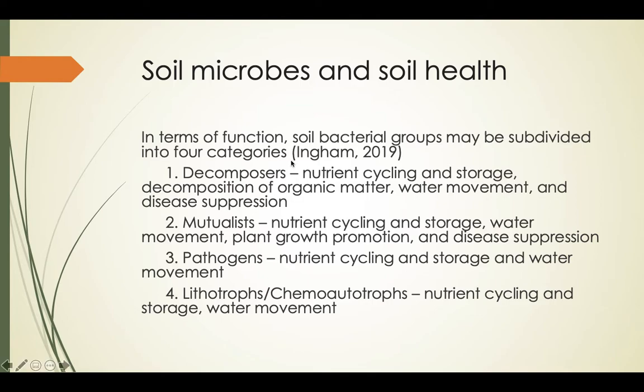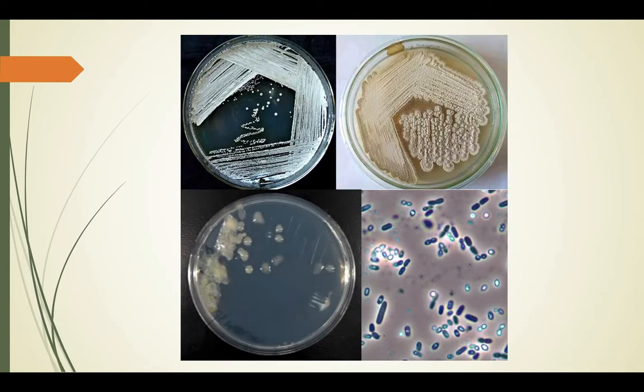If you notice, all these four groups contribute to several ecosystem services. These bacterial functional divisions all contribute to different services that the soil provides. Here I've shown this picture last time, with some more examples for us to visualize.